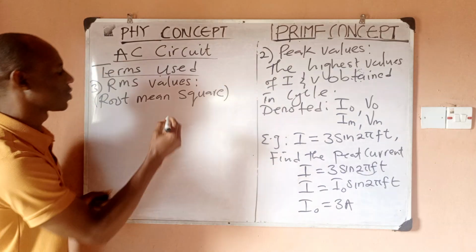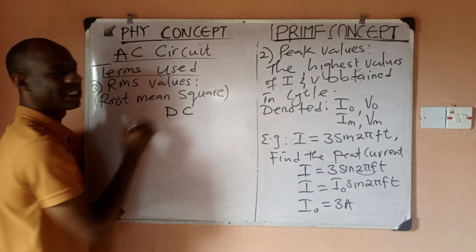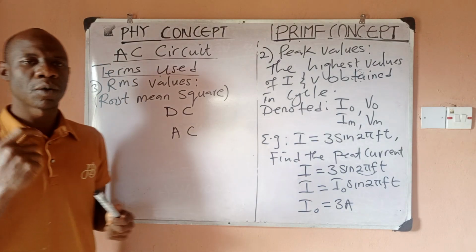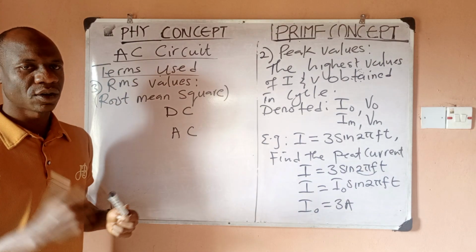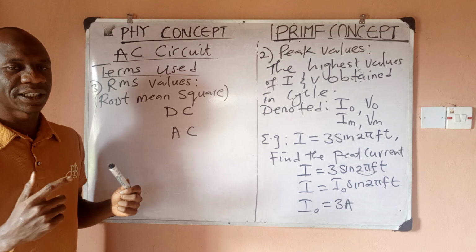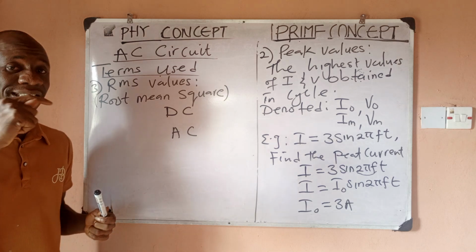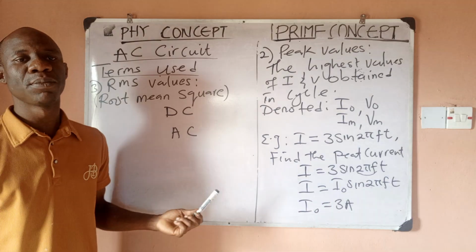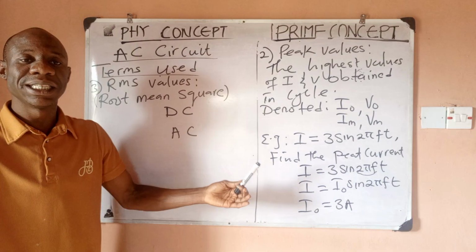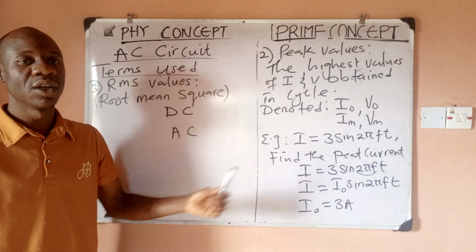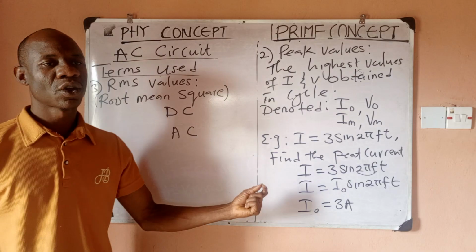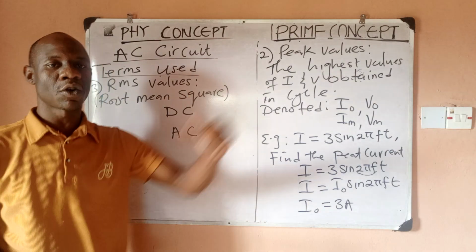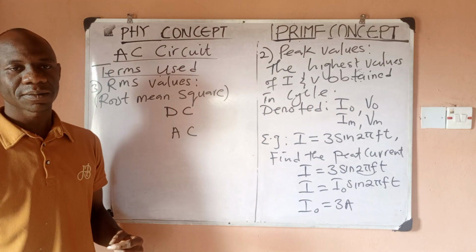Remember, we have 2 types of electricity. We have DC and we have AC. Now, if I want to compare two voltages or two currents, say one of them is DC and one of them is AC, it doesn't make sense to compare both of them because they are not playing the same position. So what I would do is convert the AC into DC so that I can now compare it to another DC, right?